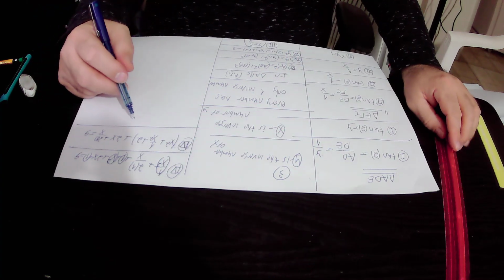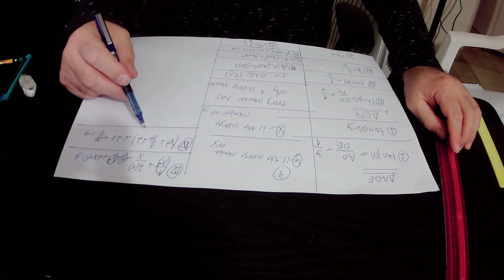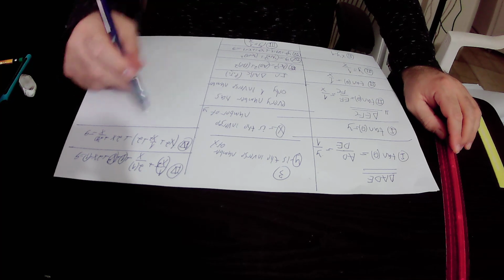So inside the brackets we have x squared plus 1 over x squared plus 2.